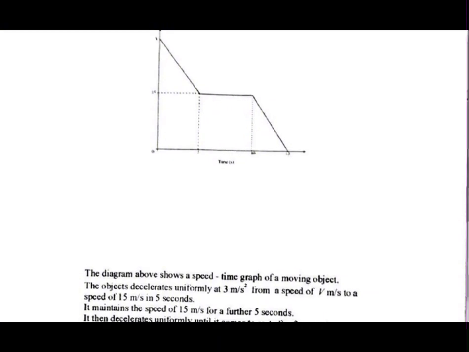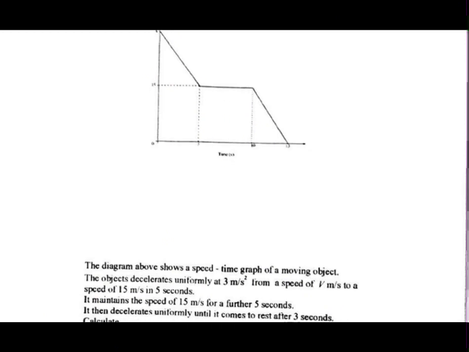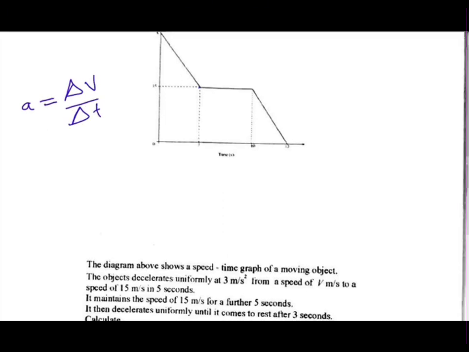So to calculate the value of v, you need to use the formula for acceleration. The formula for acceleration is found by calculating the change of speed or velocity with time, because acceleration is change of velocity with time. So acceleration is found by delta v over delta t. That delta is just showing the change, don't worry about it too much.